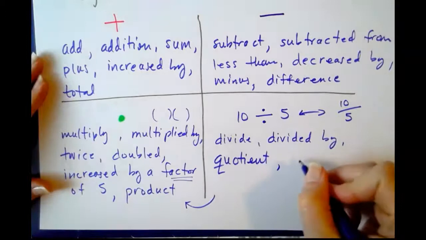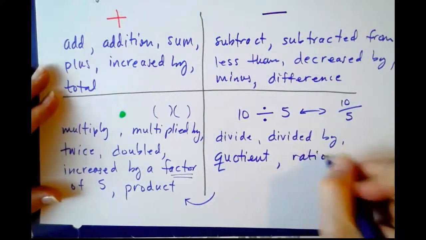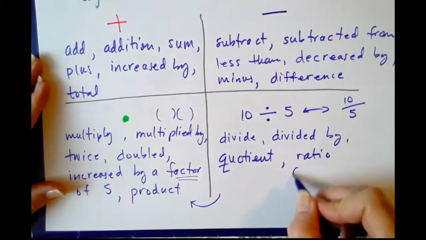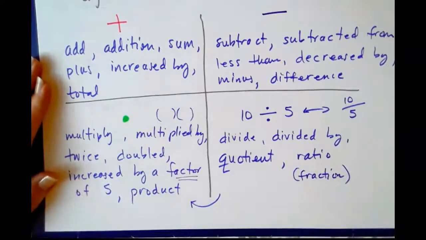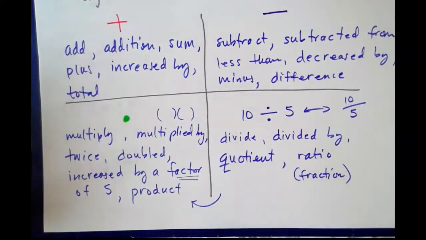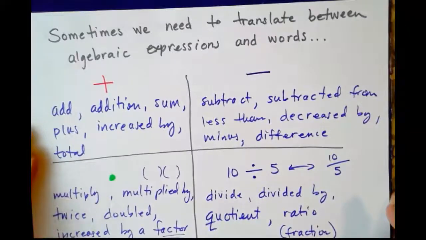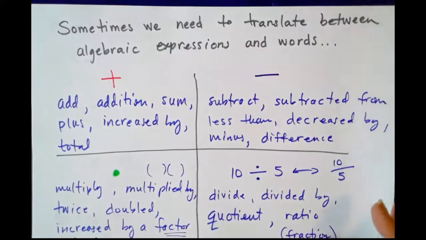We could maybe write a ratio. That's another word that does indicate division. Ratio is a synonym for fraction, and of course a fraction is indicating division. So those are all words or phrases that you sometimes need to translate between an algebraic expression and words.